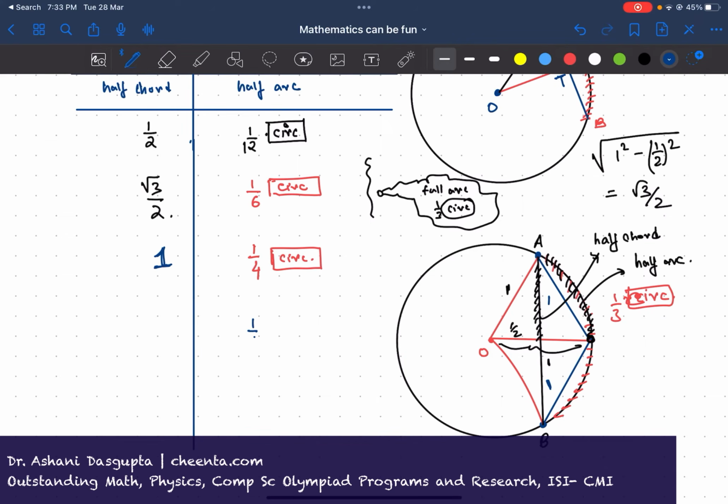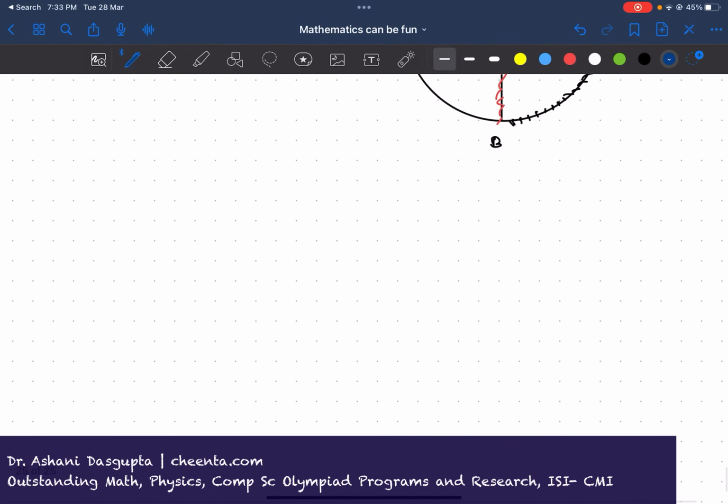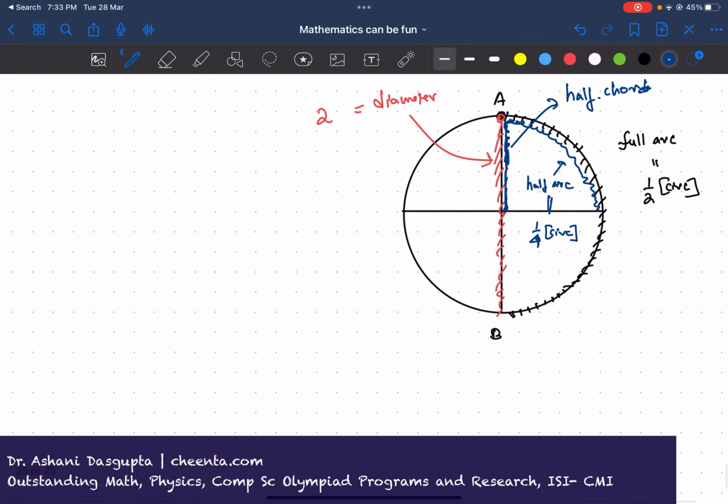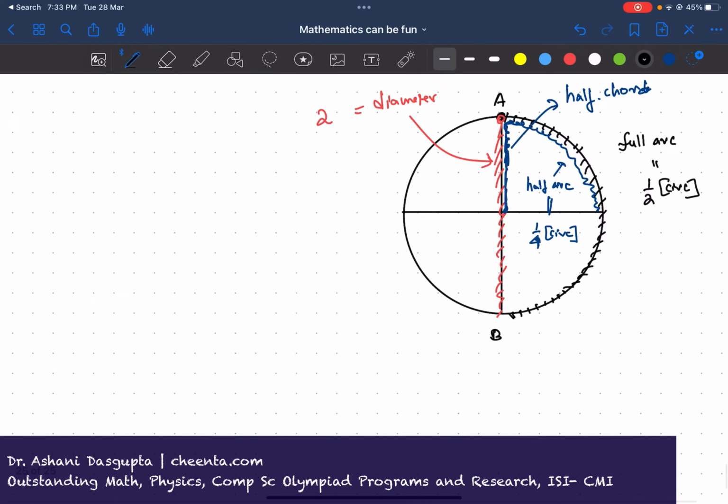Let's make 1/8 of the circumference. If the half arc is 1/8 of the circumference, then what is the half chord? So let's draw the picture one more time. I'll draw here only, so you can compare and see what's going on.